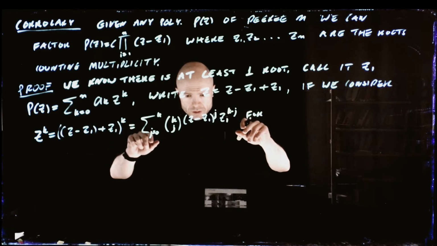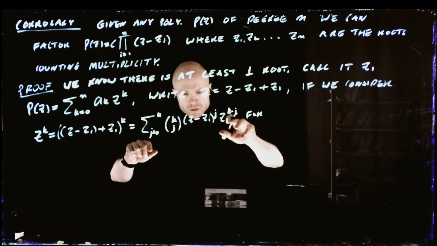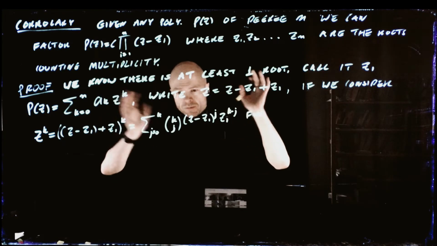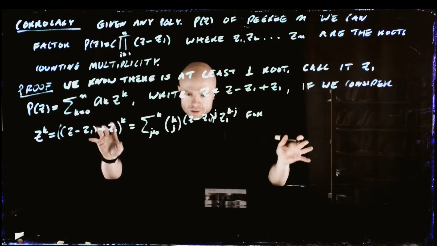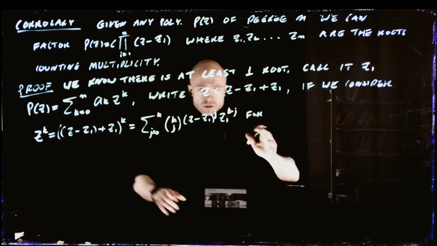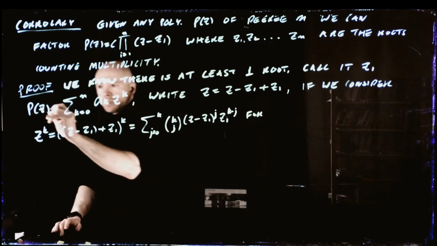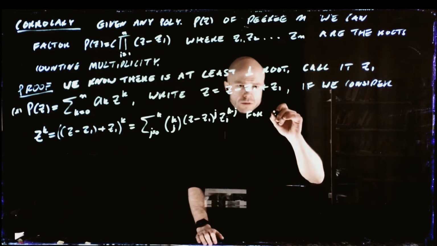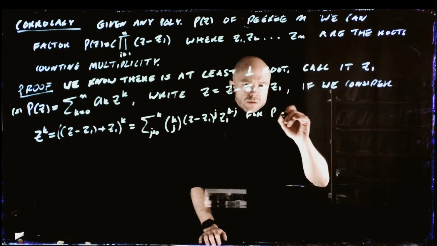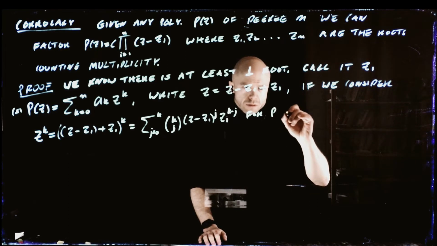But remember that z1 we're just thinking of as some particular complex number. It's chosen, right? It's there. It's fixed. So let's call this thing star. For p written star.